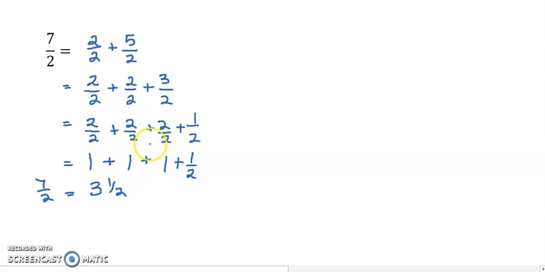We can do some of this in our head. Let us look at the same question again: 7/2, we need to put it into a mixed number. What is the highest multiple of 2 that I can get from 7? We know 2, 4, 6.